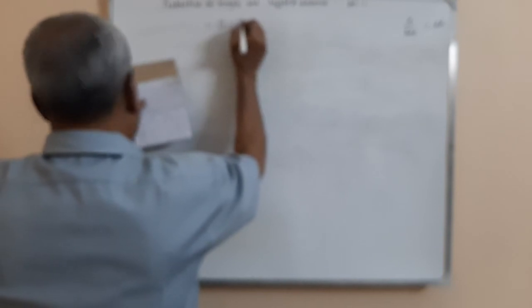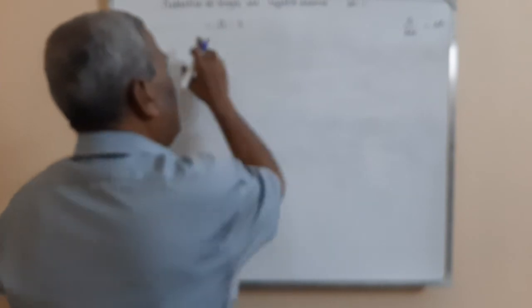The sides of a triangle are in the ratio 1 is to root 3 is to 2. Then the angles are in the ratio?